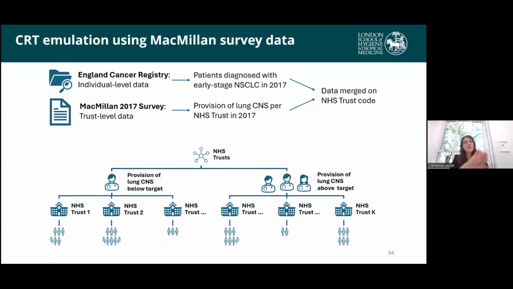So we had this survey with quite a lot of information on the type of post, the FTE, the setting, and so on, the time they spent with the patients or doing admin tasks. So quite a complete survey done in 2017. So we merged these 2 data sets on the NHS Trust Code.